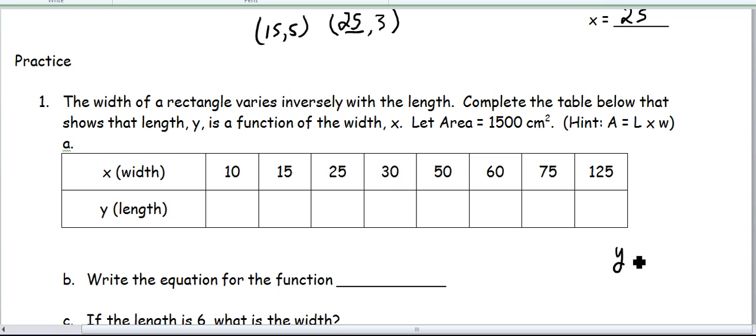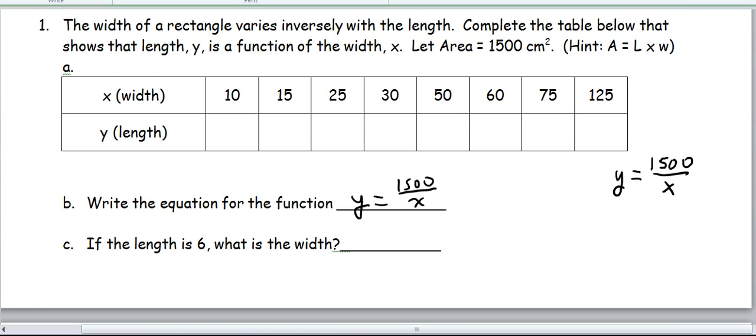So to find y, I would take my total, 1,500, and divide it by x. Y equals 1,500 divided by x, which is the width. So to find the length, I need to divide by the width.